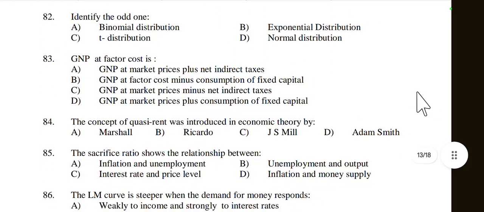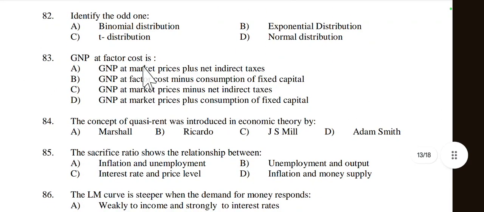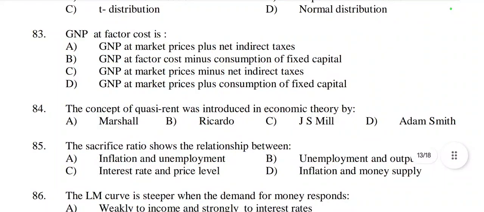Question number 83. GNP at factor cost means GNP at market price plus net indirect tax? No. GNP at factor cost minus consumption of fixed capital? No. GNP at market price minus net indirect tax? Yes. Factor cost means the initial cost of production of a particular good.